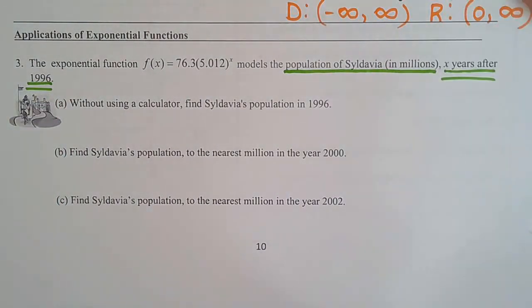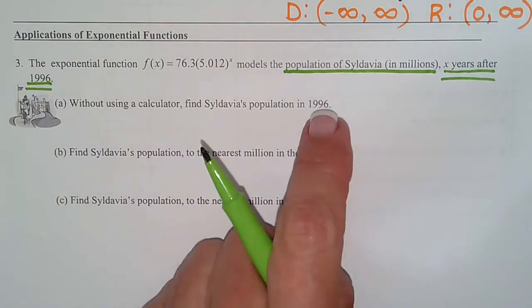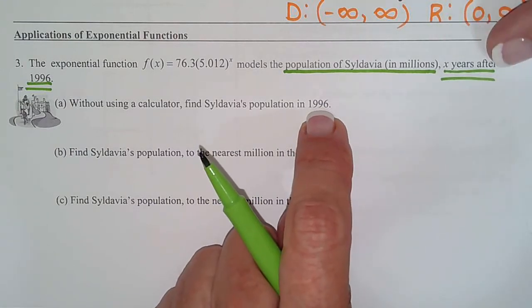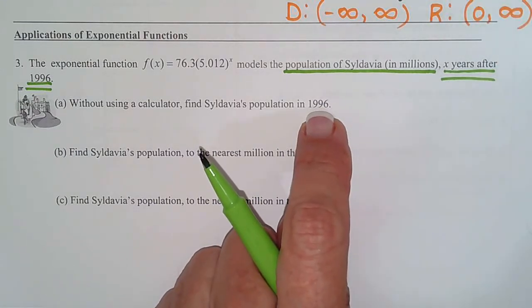Without using a calculator, find Soldavia's population in 1996. And you will have tests without calculators in the next class, so good practice. So 1996, how many years is that after 1996? Trick question.